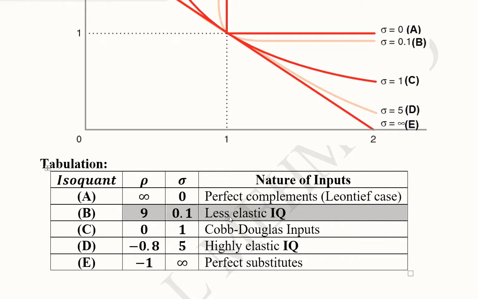And this is less elastic isoquant. Here you can see it is less elastic, the elasticity of substitution we are talking about. And in this case, if sigma is 5, rho will be -0.8. You can also calculate it by pausing the video. And it is highly elastic isoquant. It means that quite a bit of substitution is possible in this case, because it is closer to the perfect substitutes.